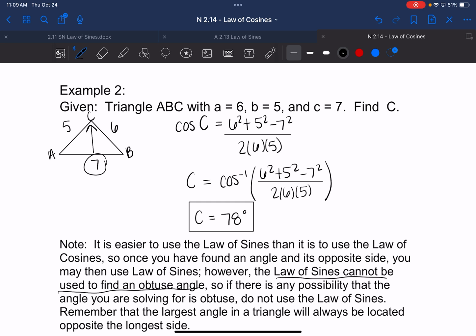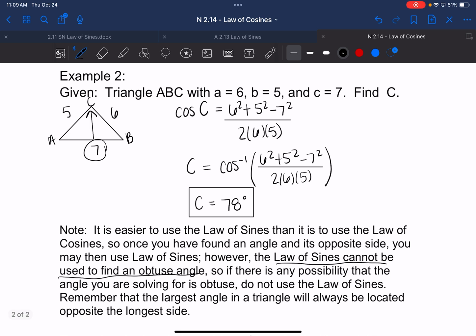In addition to that, to use Law of Sines, you have to have a matching pair, right? You've got to have an angle and a side that you know both of, right? You've got to know angle B and side B, or angle C and side C, which we did not have on this particular example.